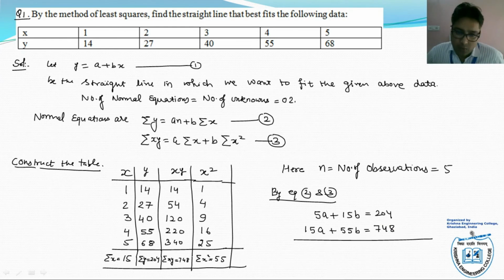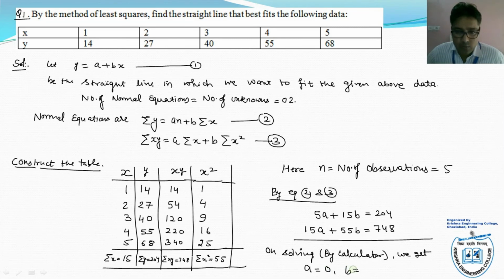Solving by calculator, we get the value of a. The value of a is 0 and the value of b is 13.6.